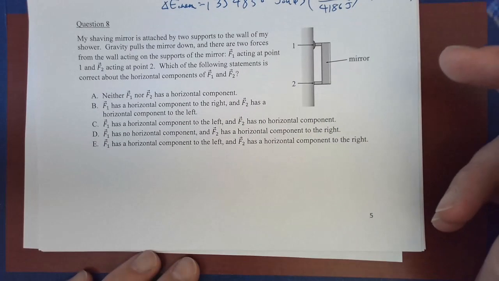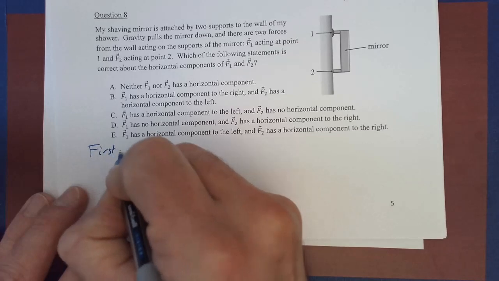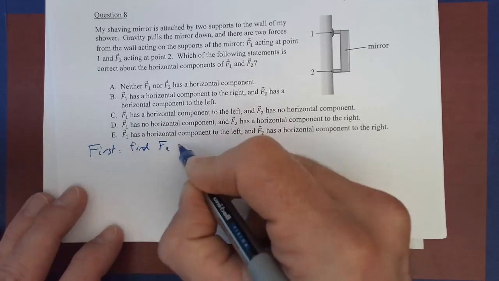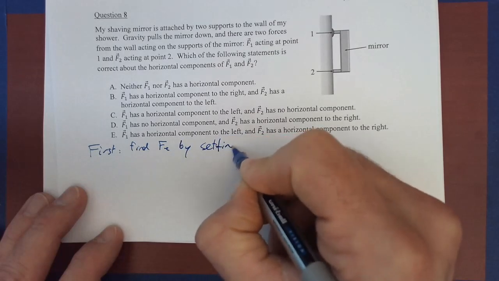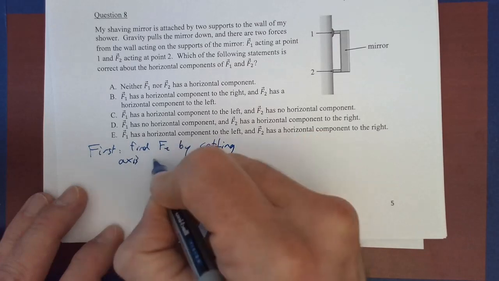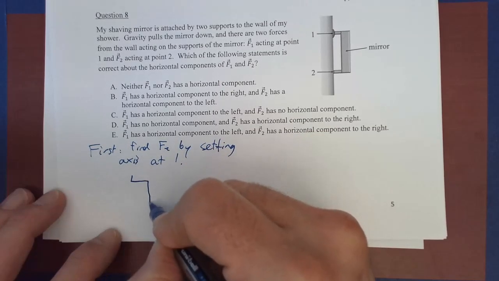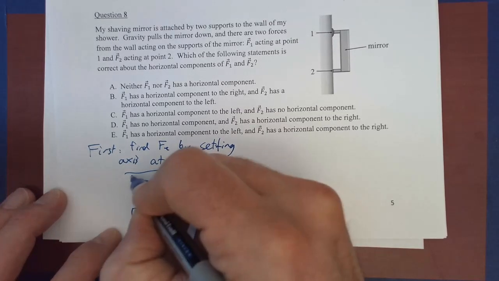Okay, so the trick here is what I have to do is first find F2 by setting the axis at 1. So if I draw this, here's 1.